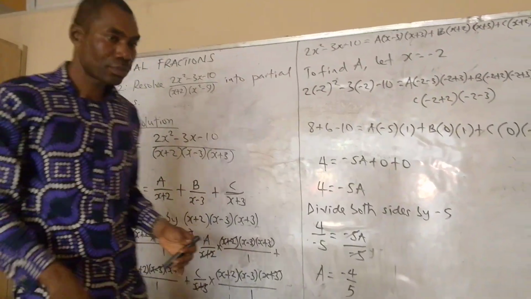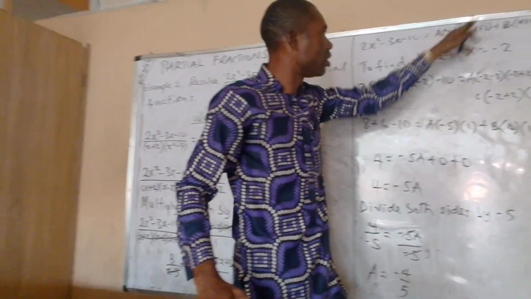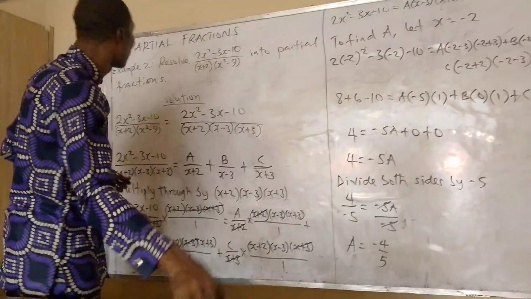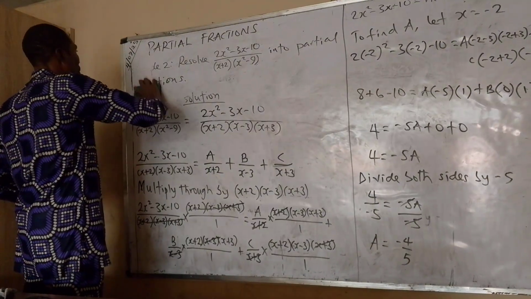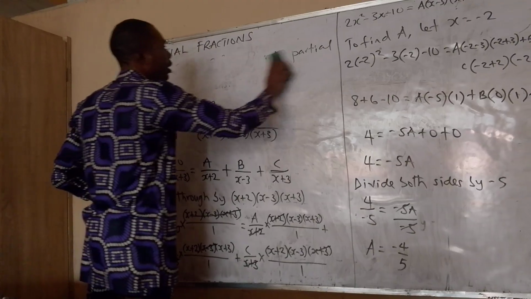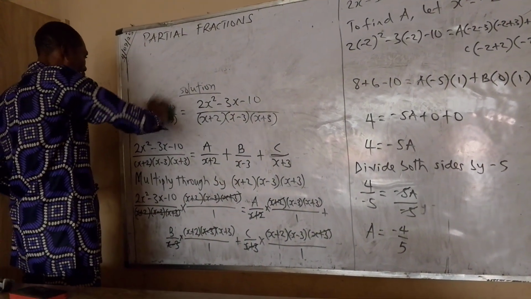Now let's find b. The same thing we did here for a, we do for b. Find a way to eliminate a and c, leaving only b. Let me rub this side off. Now be thinking what value x can take that will enable us to eliminate a and c.